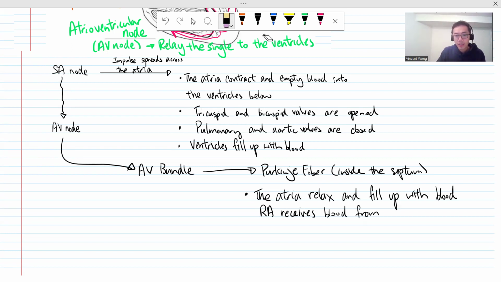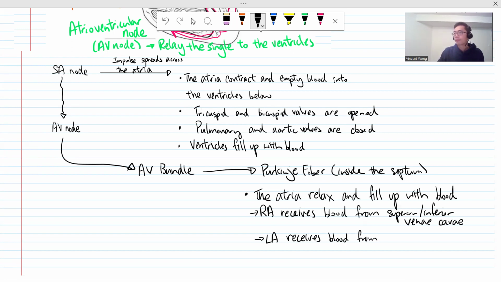The right atrium receives blood from superior and inferior vena cava. Okay, and then the left atria receives blood from the pulmonary vein. Okay, so the atria are going to be filling up with blood now.